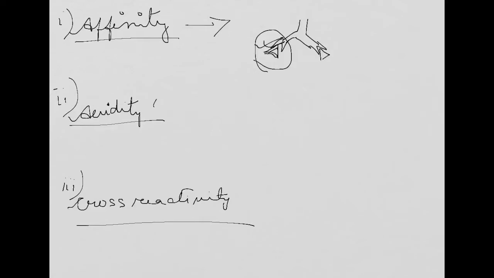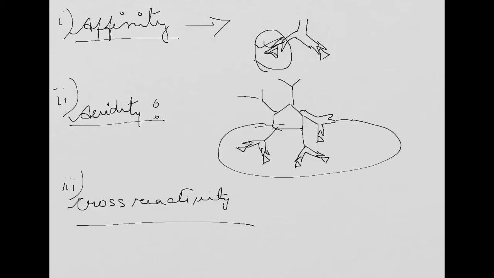When we talk about avidity, it's the total strength at which an antibody molecule binds to the antigenic determinant or epitope. So we can say as the number of antigen binding sites increases, the strength of overall binding also increases.